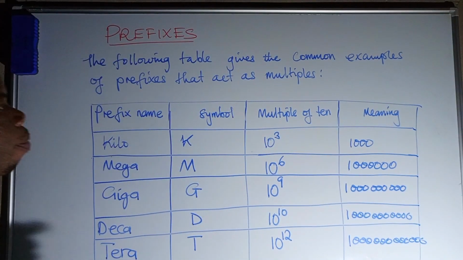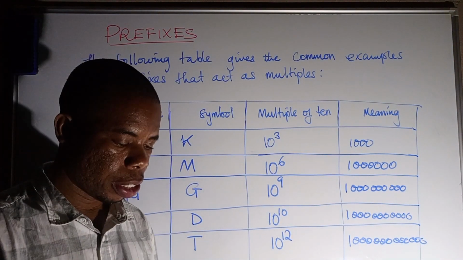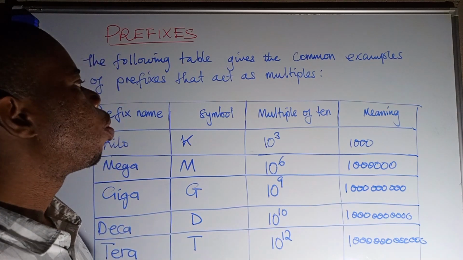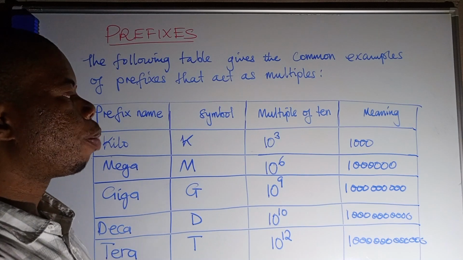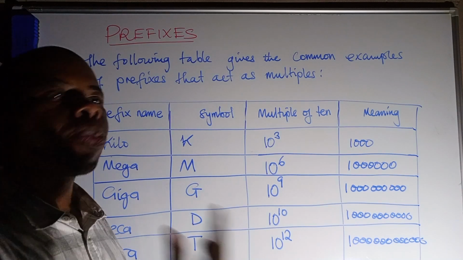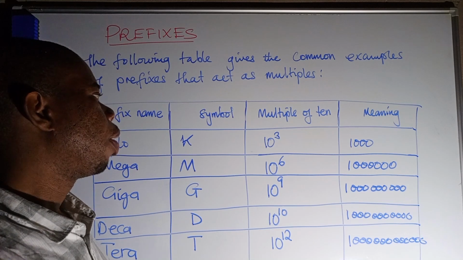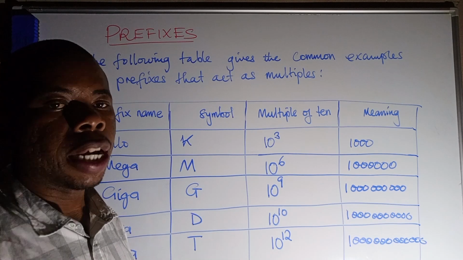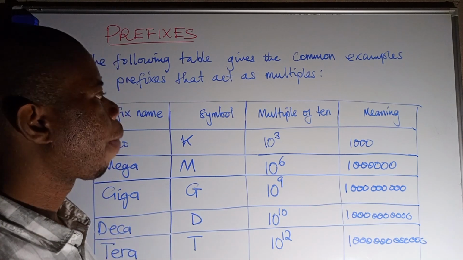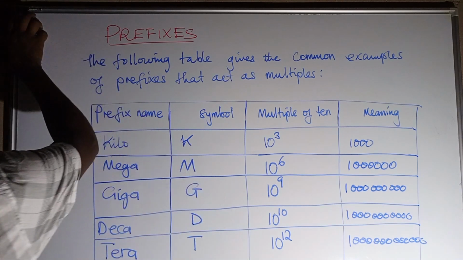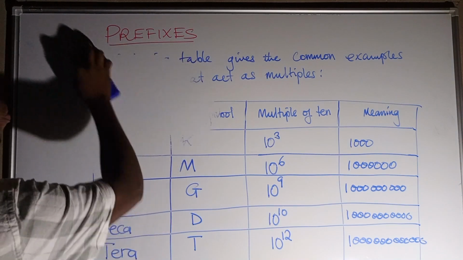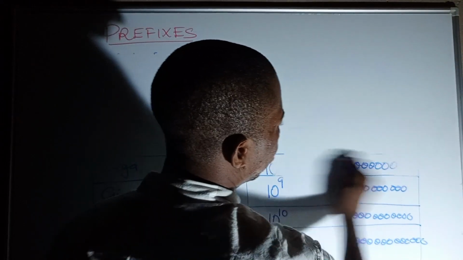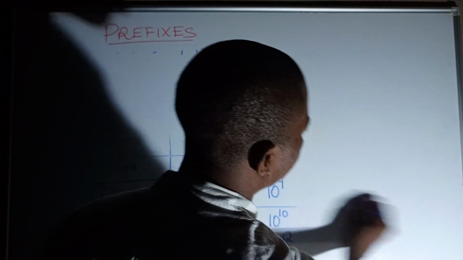So these are some of the common prefixes that we come across in physics. We call them multiples because they act as multipliers, taking the position of multiplying large quantities in physics. So let's look at another table of these prefixes that act as sub-multiples.